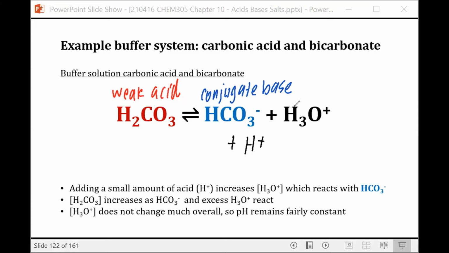So the concentration of H3O+ when the reaction gets pushed to the left would go down, and so overall, it wouldn't change very much. If you added a small amount of base, the base would be protonated by one of the protons from carbonic acid to make H2O, and therefore the concentration of H3O+ wouldn't change. It wouldn't go up or down very much, which means the pH would stay relatively stable.